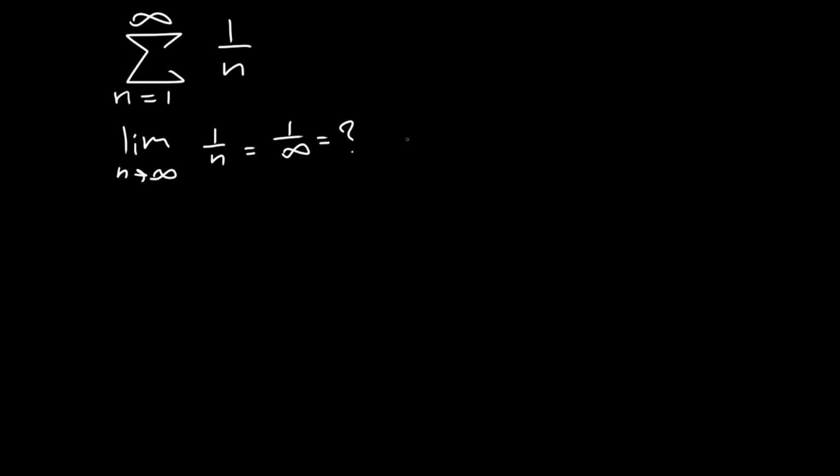To understand this, let's start plugging in values for n. If we start off small, 1 divided by 10, we would get 0.1. If we get bigger, let's say 100, we would get 0.01. If we did 1,000, we get 0.001.